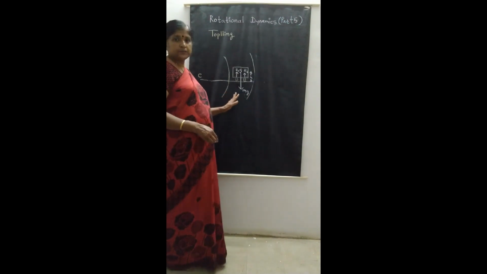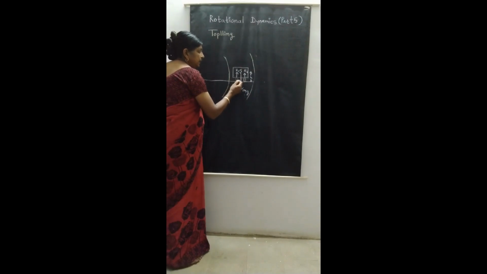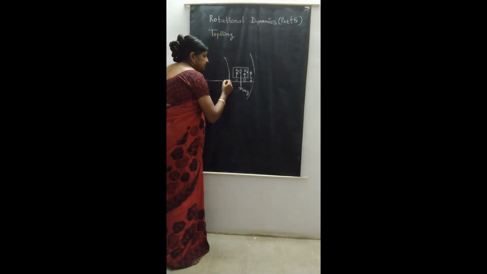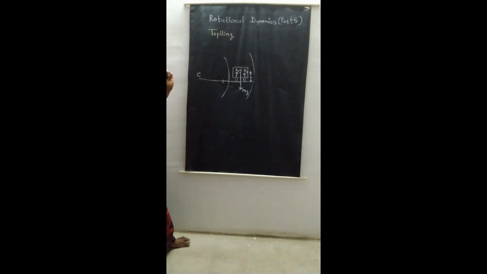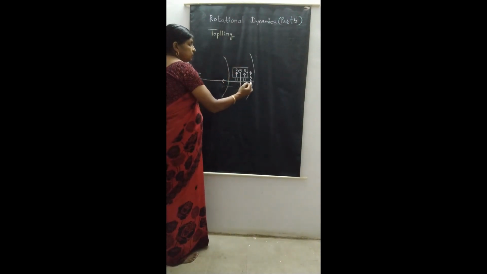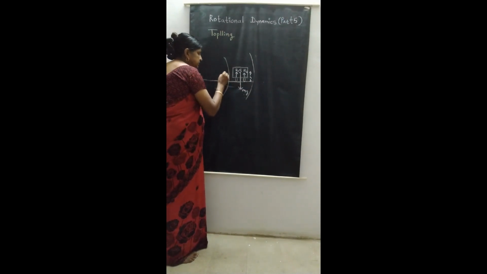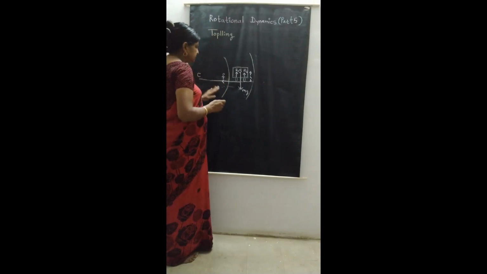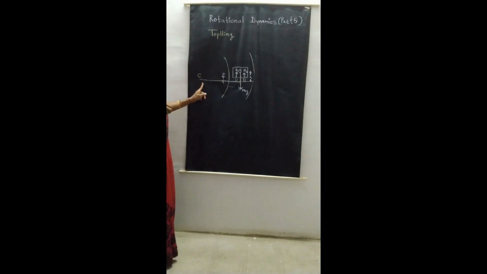The another force acting on this car is the force of static friction, which provides the necessary centripetal force for this circular motion. So, as it is centripetal, its direction is towards the center. So, this force F is acting towards the center of this circular path.